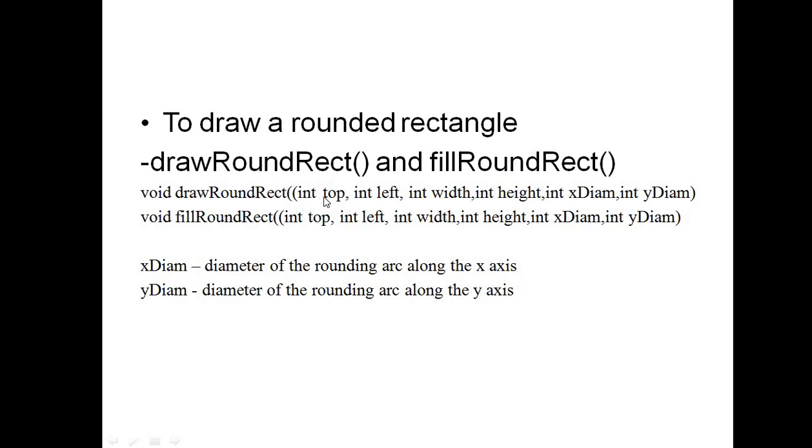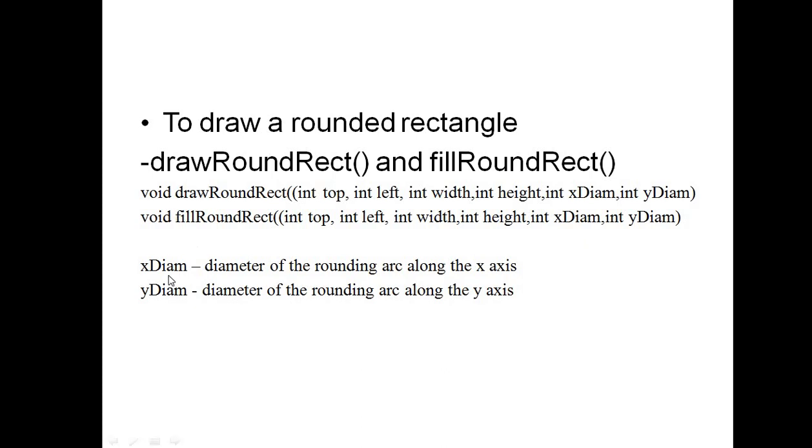We need to specify top and left, that is x1 y1 value for identifying a particular coordinate value. Then the width and height of the rectangle to be drawn. In end x and y axis, what is the diameter of the rounded rect we need to specify. Edges should be a rounded arc. So how to fix that value using x and y axis diameter value is specified here.